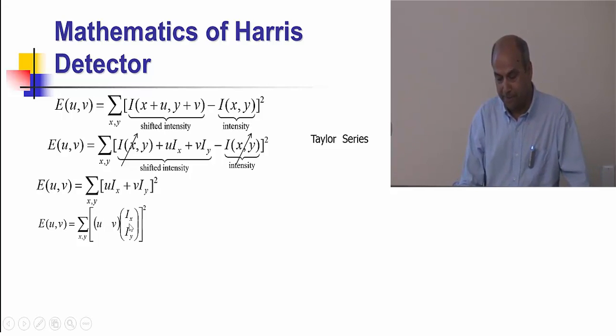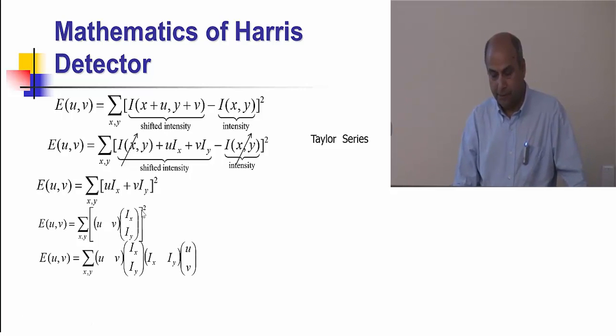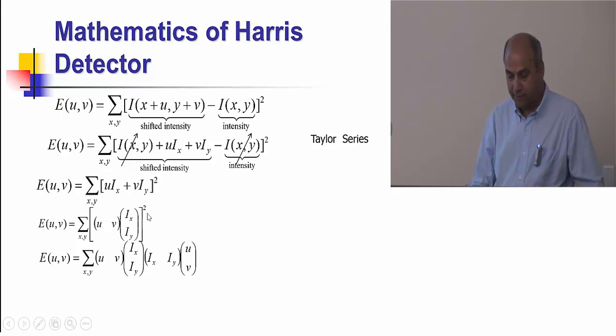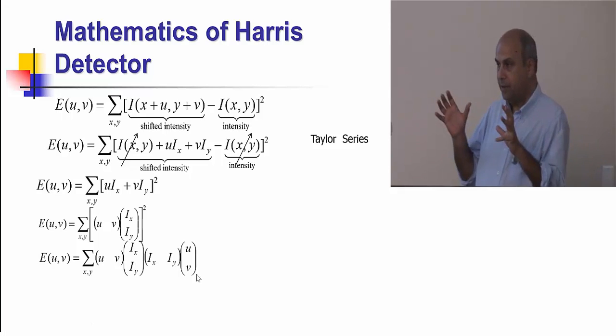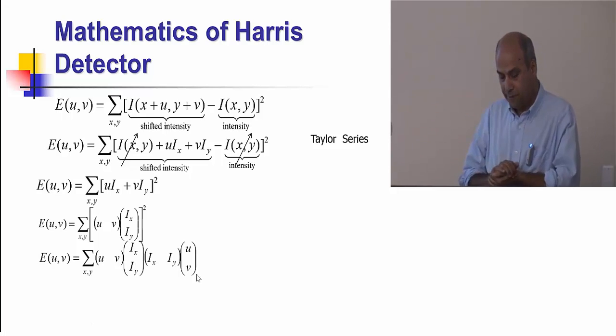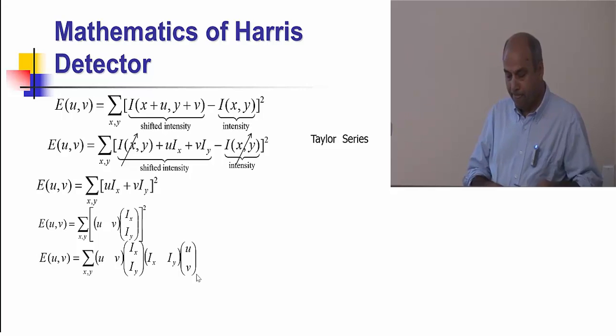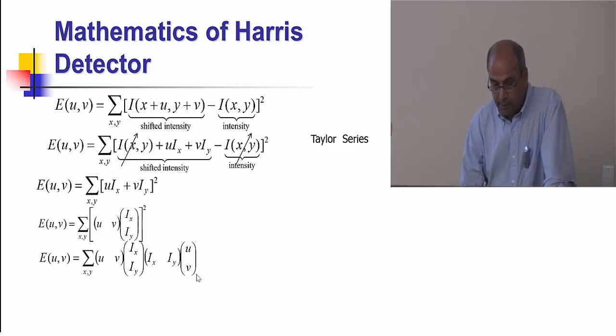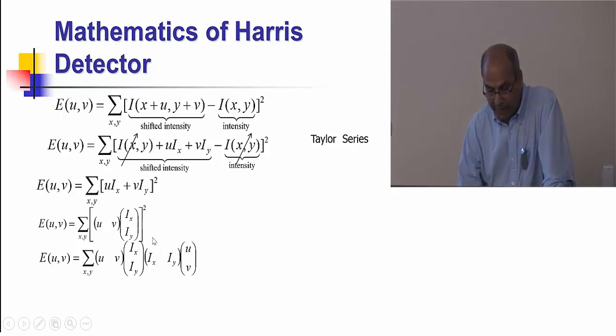So if you expand this thing, what we are going to get will be (u, v) times (I_x, I_y) once, and then the transpose of this, which will become (I_x, I_y) and then the (u, v) vector like this. So that is the product of two of these. Then we look at these: this is a 2 by 1 vector and a 1 by 2 vector.